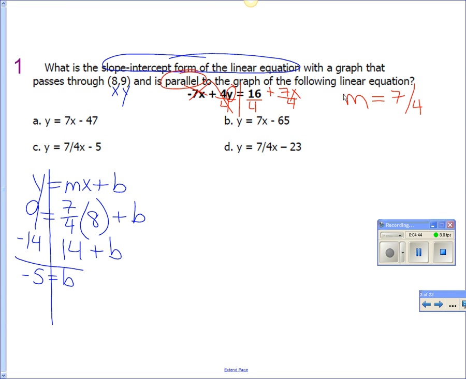Haley, what's my answer then? A, B, C, or D? C. My answer is 7 over 4x minus 5. 7 over 4x minus 5. All right, raise your hand if you have a question.